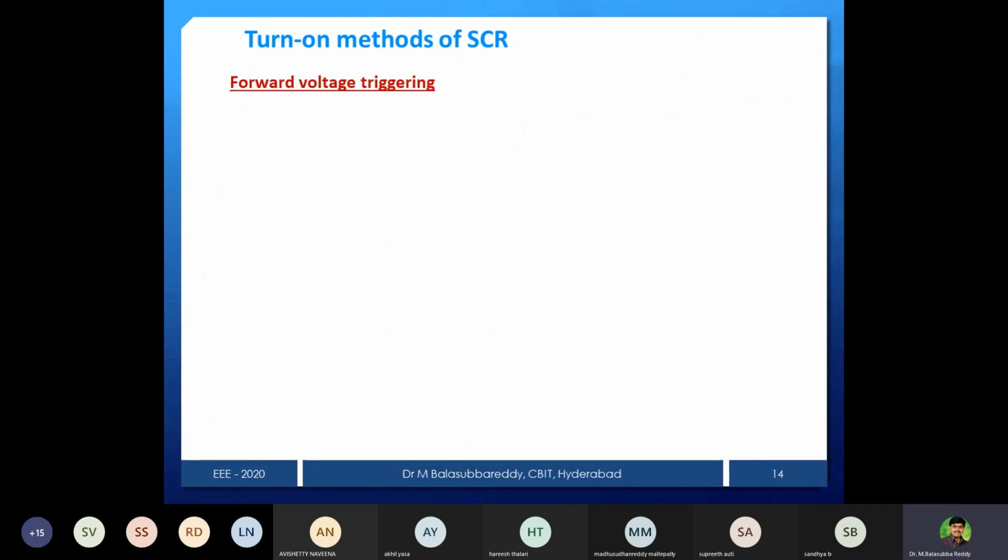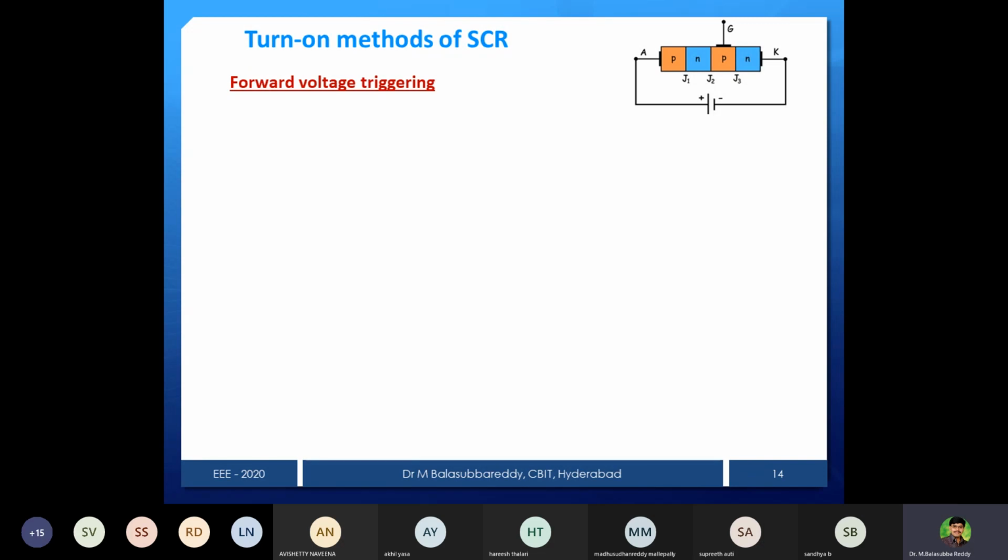What is forward voltage triggering? As you know, the thyristor diagram has 4 layers, PNPN. Now we connect some voltage, let it be V, from anode to cathode. Then what will happen? If we give supply to that thyristor, plus is connected to the anode and minus to the cathode, so J1 and J3 are forward biased.